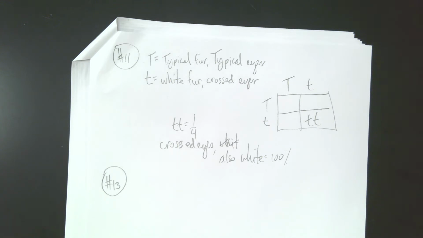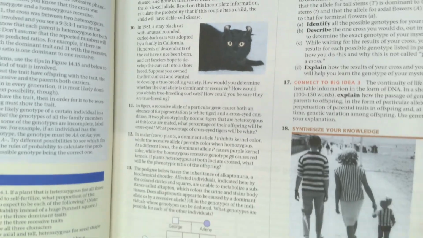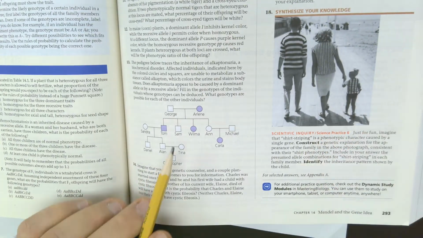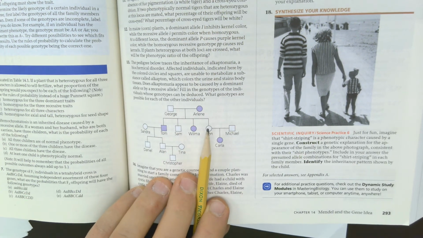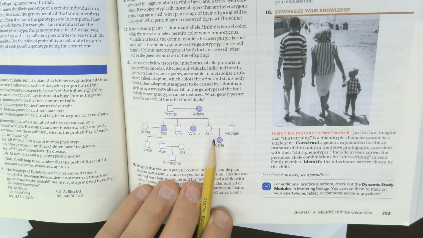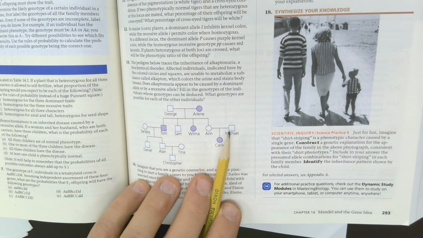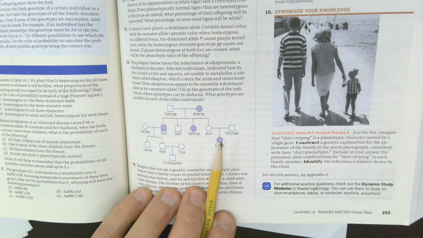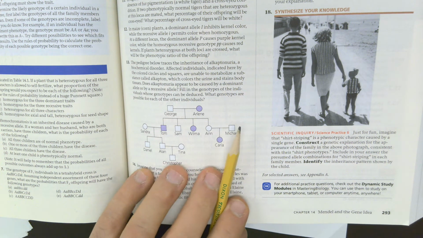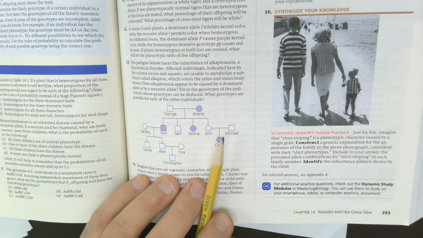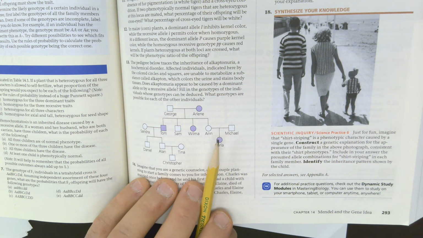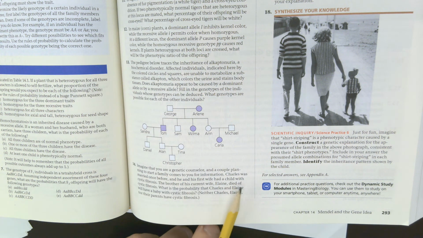Does alkaptonuria appear to be caused by a dominant allele or a recessive allele? Okay, if we look at the pedigree here, I would draw your attention to Anne and Michael. You notice Anne and Michael don't have the condition, but their daughter, Carla, does. So if the parents don't have it but the kid does, that's an indication that it's a recessive condition. You have to have 2 recessive alleles.